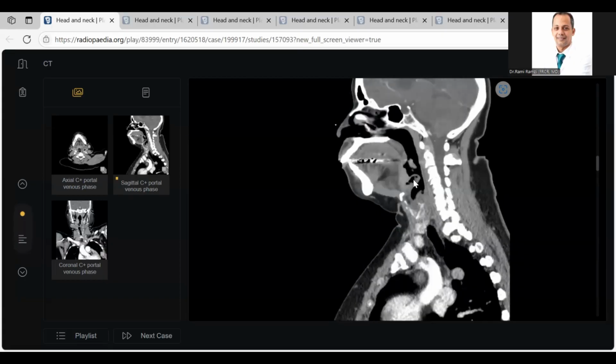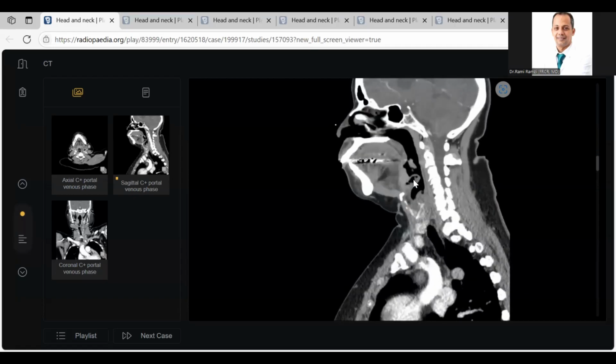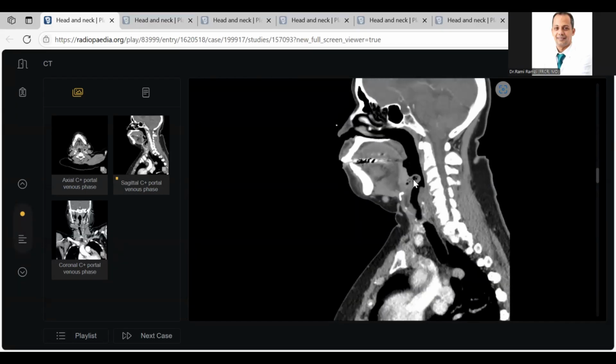Infection containing air. What is the name of infection containing air in the gallbladder or urinary bladder?